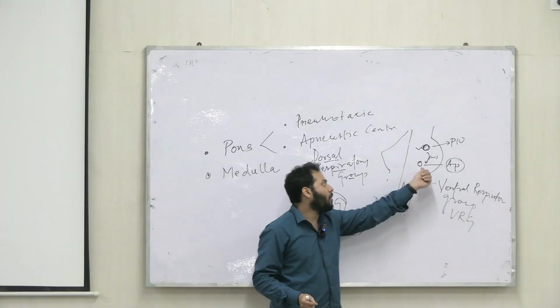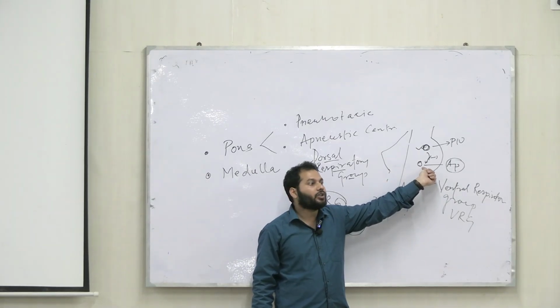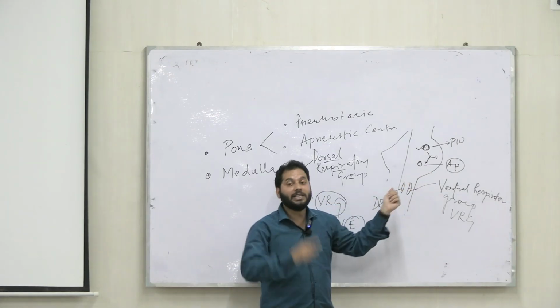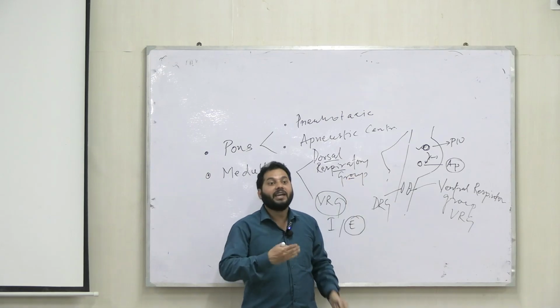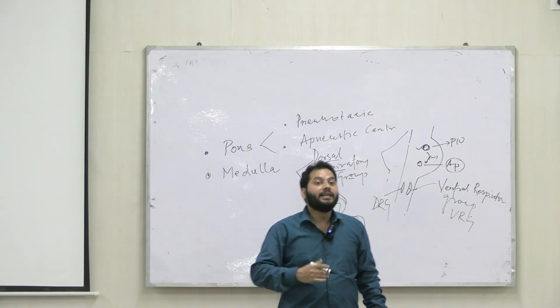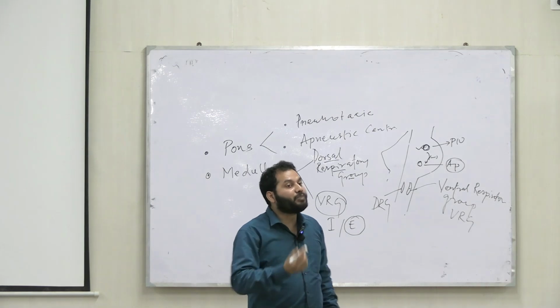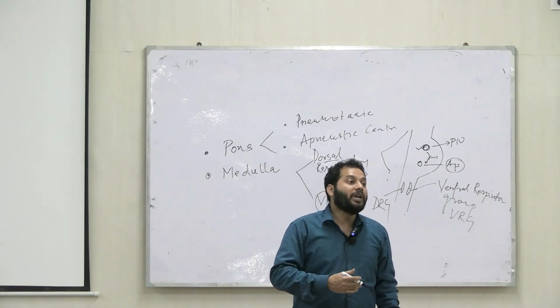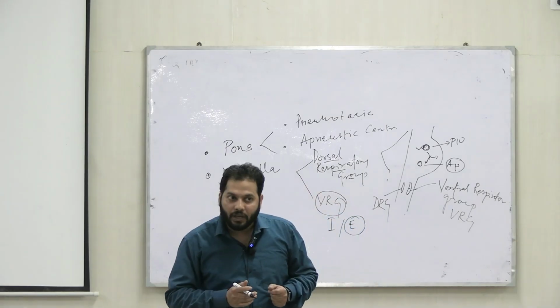Now see, what is the role of the apneustic center here? It stimulates the inspiratory center of the dorsal respiratory group. That means it facilitates inspiration, right? It helps to increase the rate of breathing as well as the depth of breathing.